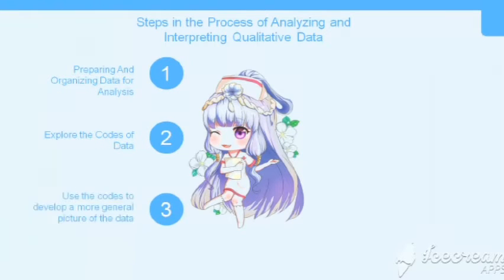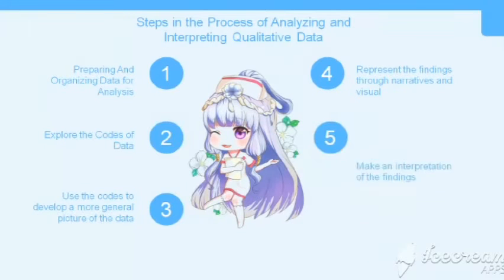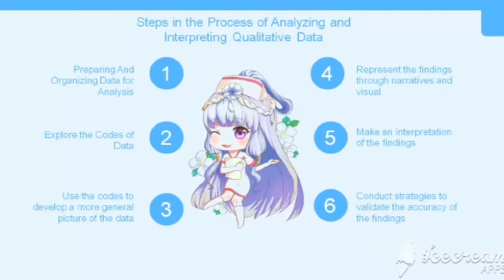The third step is using the codes to develop a more general picture of the data. The fourth step is representing the findings through narrative and visuals. The fifth step is making an interpretation of the findings. And the last step is conducting strategies to validate the accuracy of the findings.